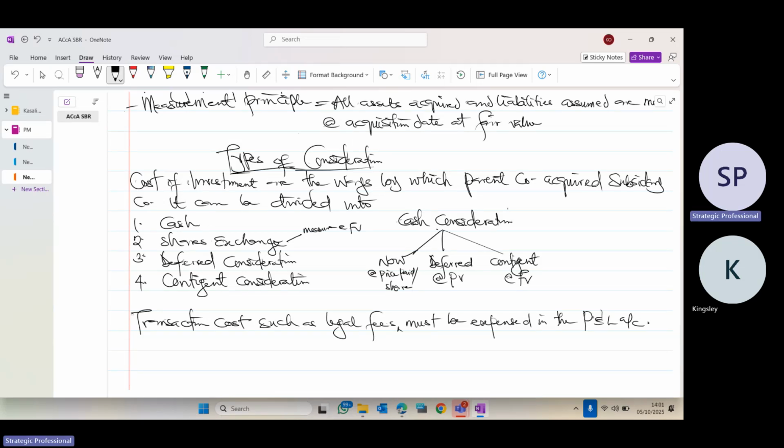So please don't capitalize any transaction costs that occurred in the acquisition of one company by the other. Having said that, when we say consideration by cash, this occurs where the parent company purchases another company and decides to pay by cash, that is paid on account.